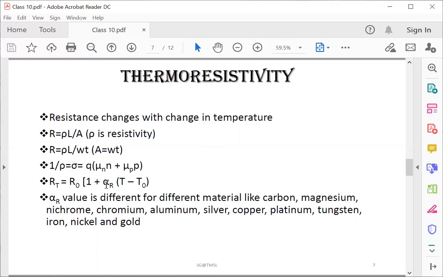Now this alpha R value is different for different materials, and because of that change in alpha R, you will get different thermoresistive properties for different materials.